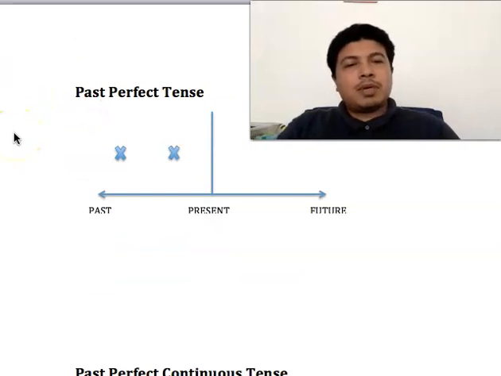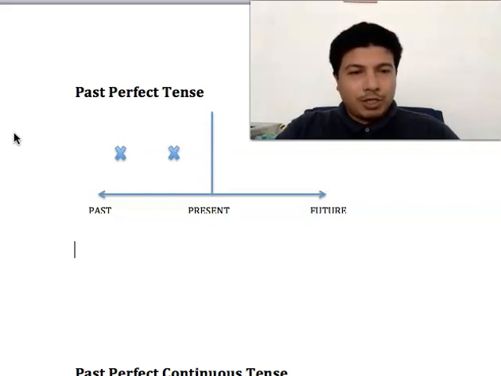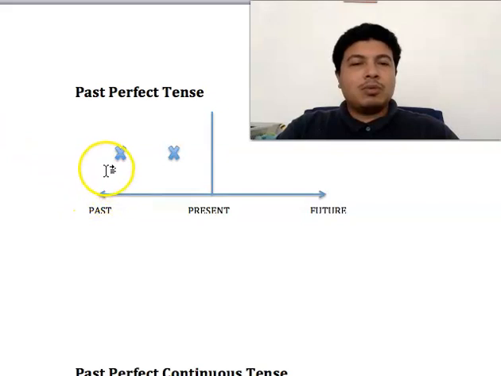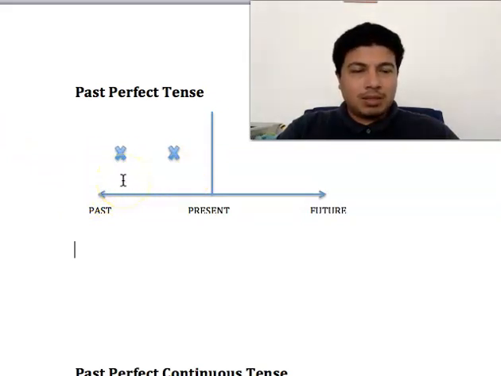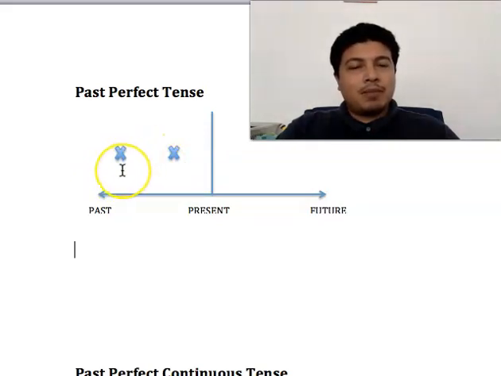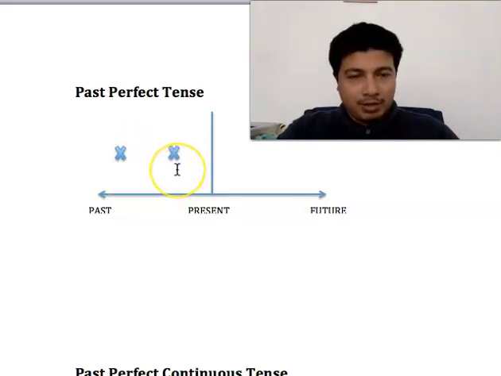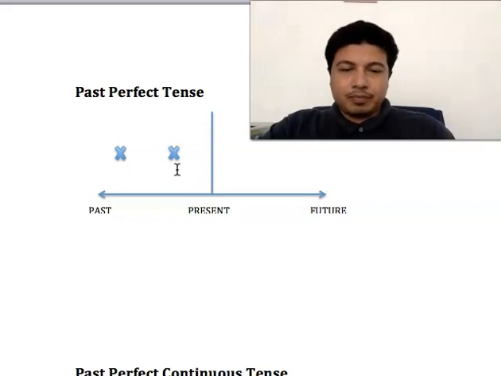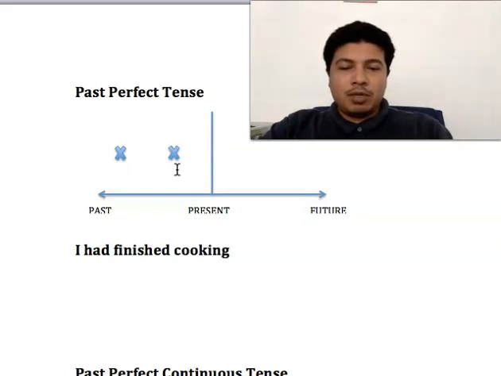We use past perfect tense in our speech, in our sentence, when we have a situation where there are two things that happen in the past. When we have two things that happen in the past, the one that happened before is past perfect tense, and the one that happened later is in simple past tense. One example is, I had finished cooking when my parents arrived.